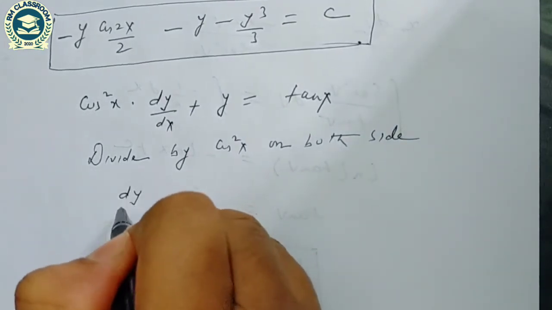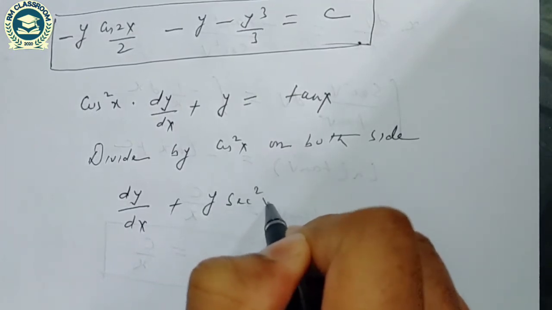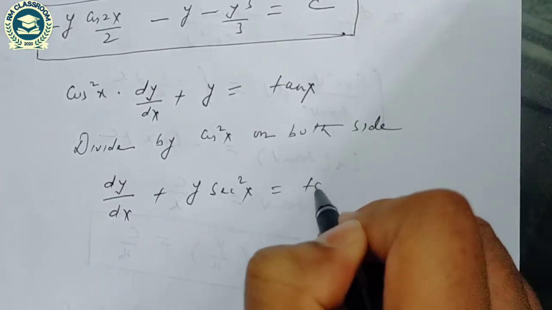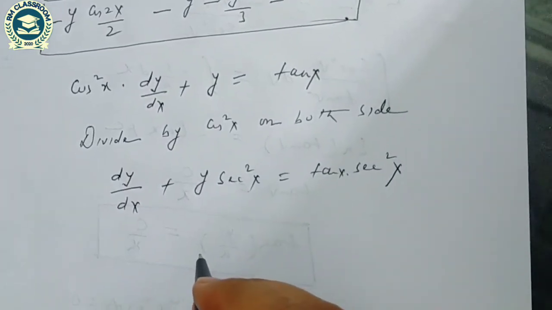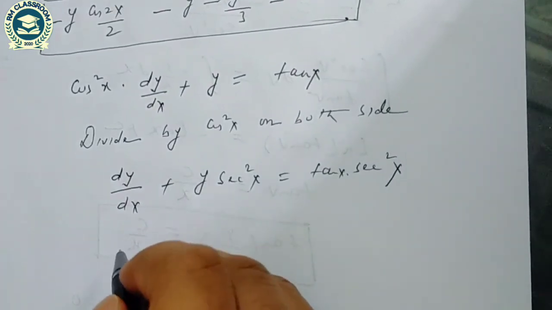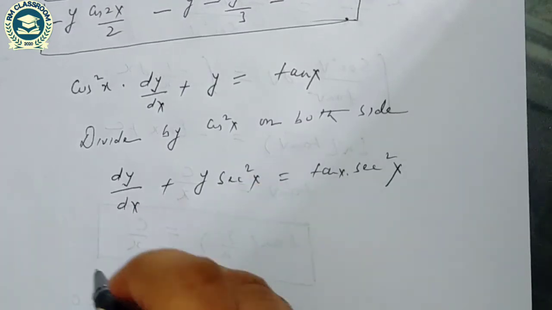So dy/dx plus y sec²x is equal to tan x sec²x. Once again, this is of the form dy/dx plus P(x) y equals Q(x).